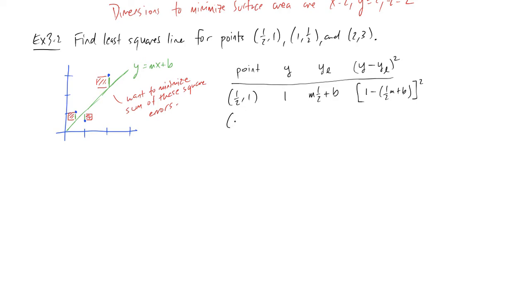Like so. Do it again. So the y value is 1/2 this time. We'll do m times 1 plus b, because that's the x value plugged into the line. And then we'll take the difference of the line and this 1/2.